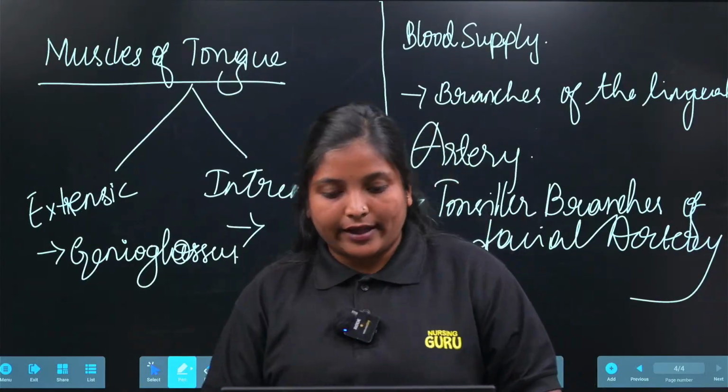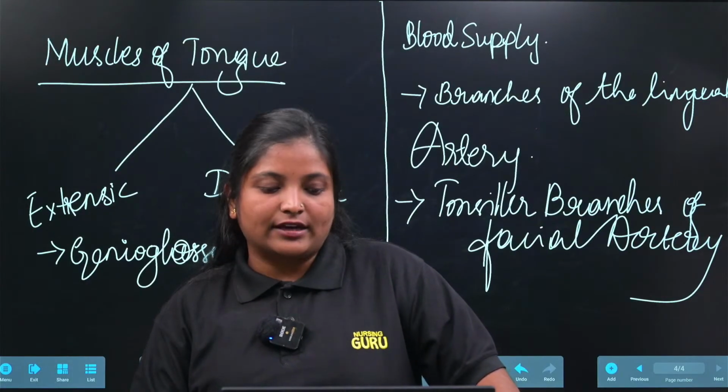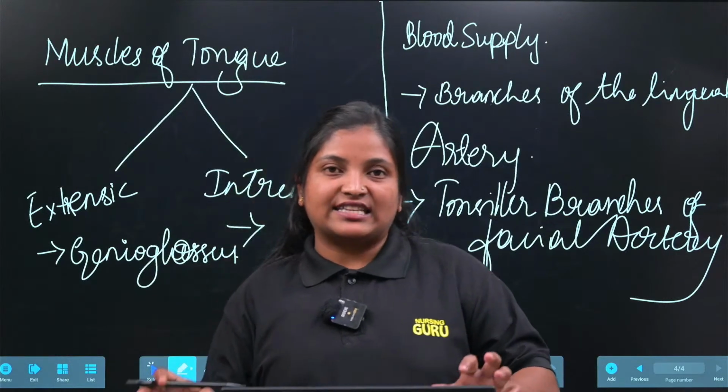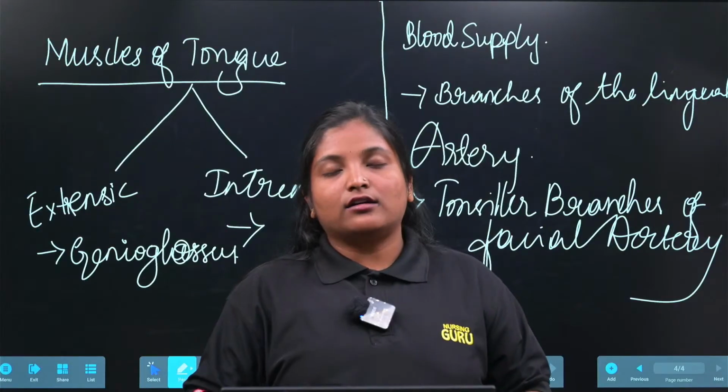Next we can see one more arterial supply, that is the ascending pharyngeal artery. Through the ascending pharyngeal artery there is also a blood supply.